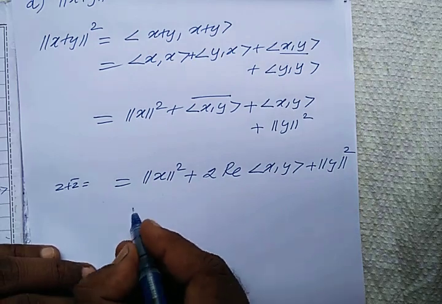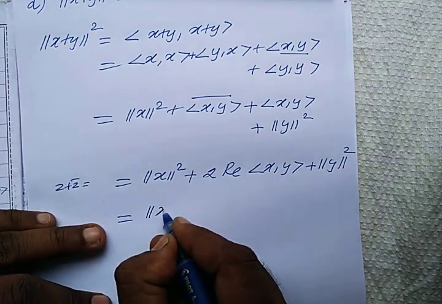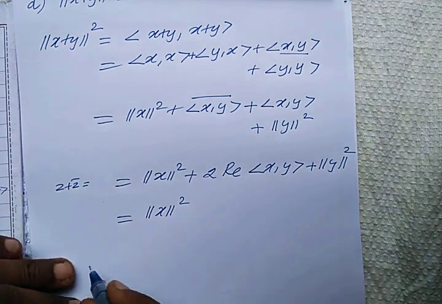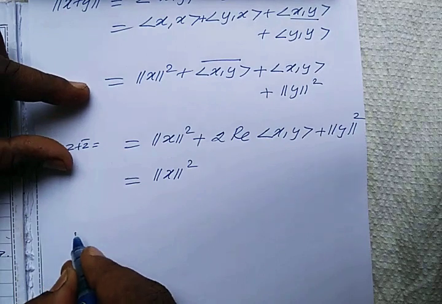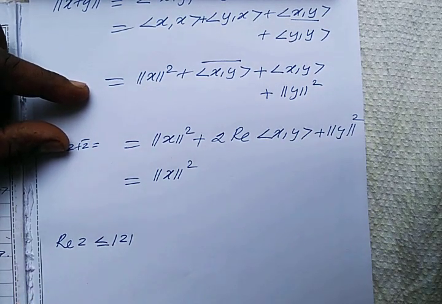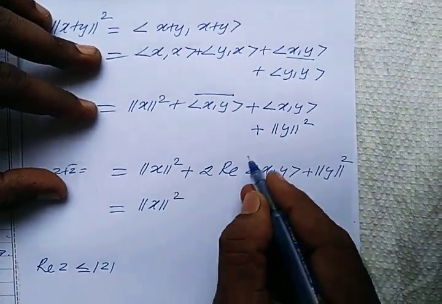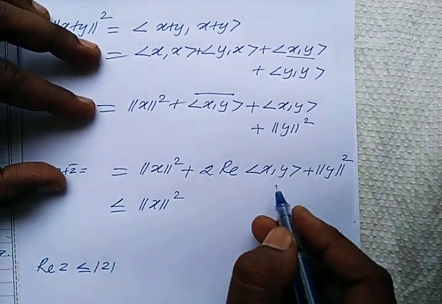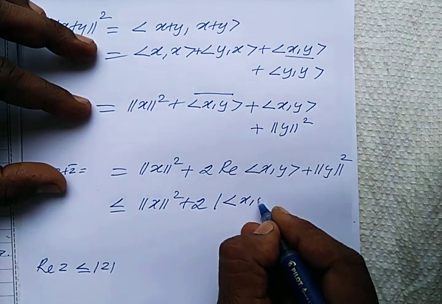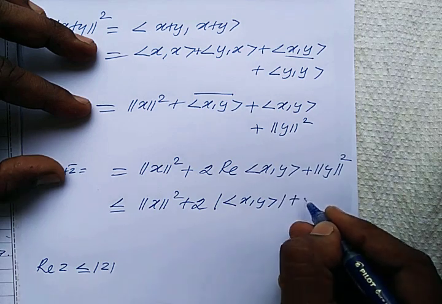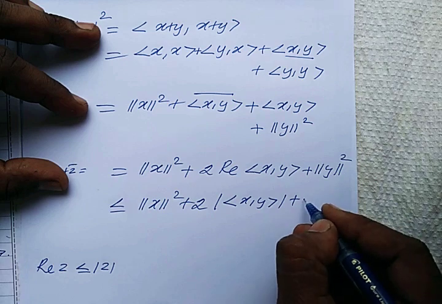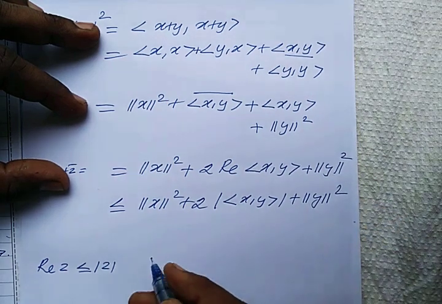But the real part of z is always less than or equal to mod z. So instead of this, I am going to replace it with 2 times the modulus of the inner product of x comma y, plus norm y square.